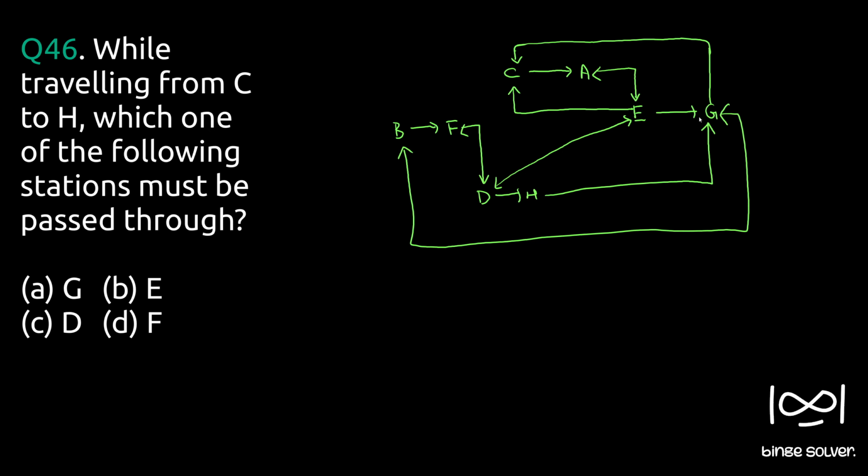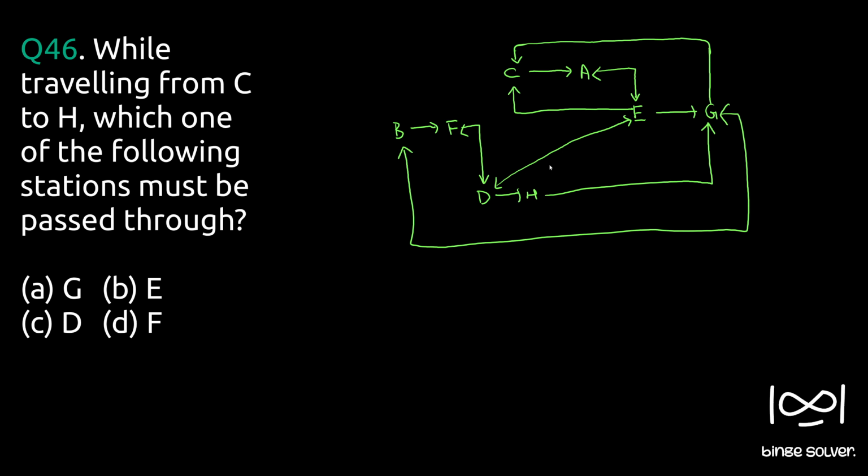We can go to G, or we can go to C again, or we can head back to A again, or we can go to D. If we go to G, the only path is to go back to C. So that is not a good path. So the only path here is E to D. Then we can go to H. So the path here is C, A, E, D, H.